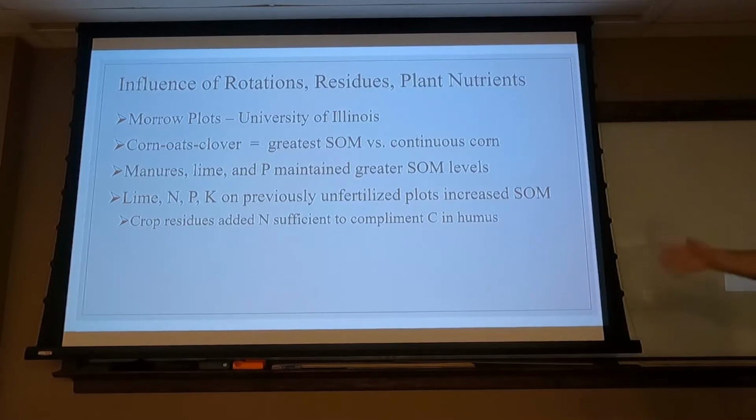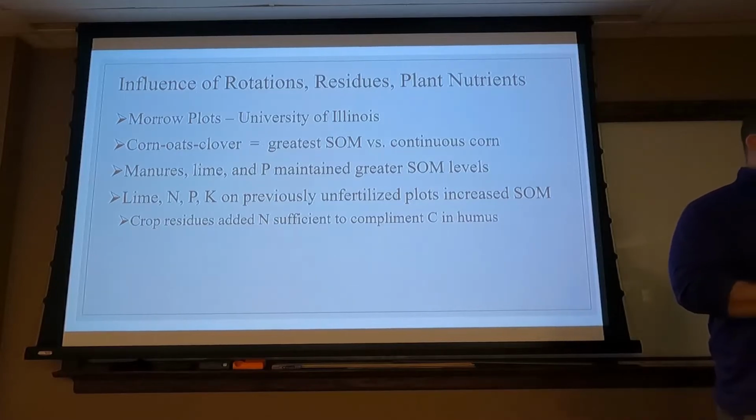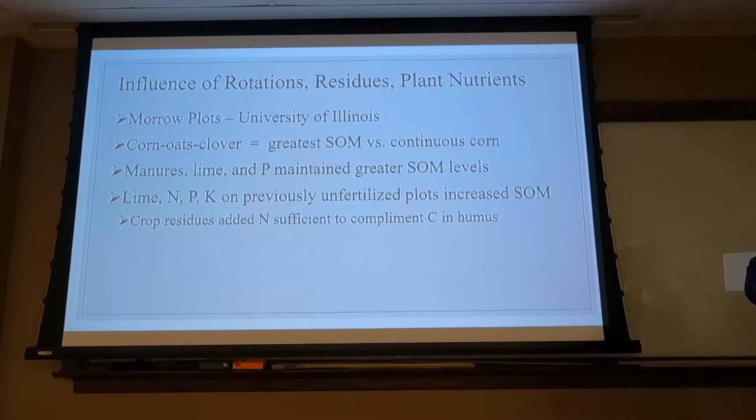Manures and limes and phosphorus are going to increase our soil organic matter. Let's think about why that is. Why do y'all think we have greater soil organic matter when we add a manure, lime, and phosphorus? Increases the CEC.